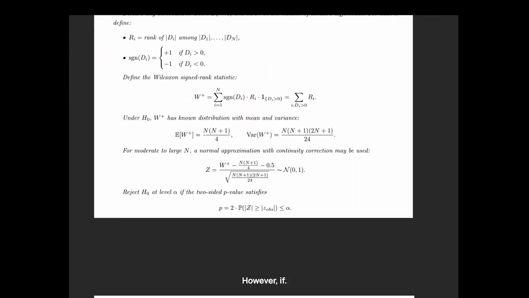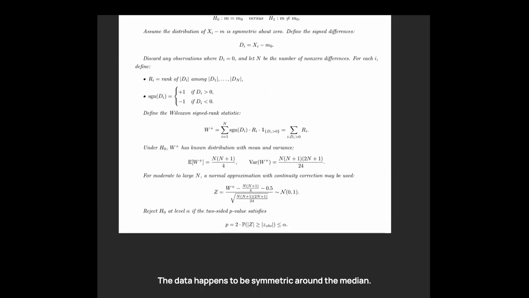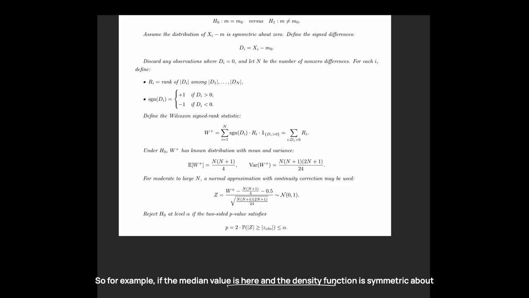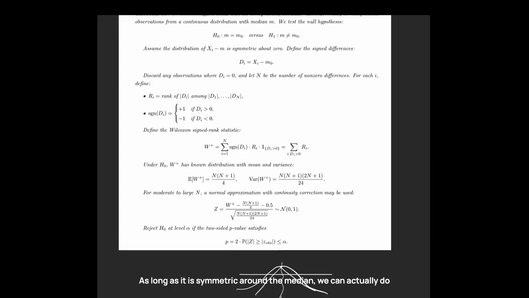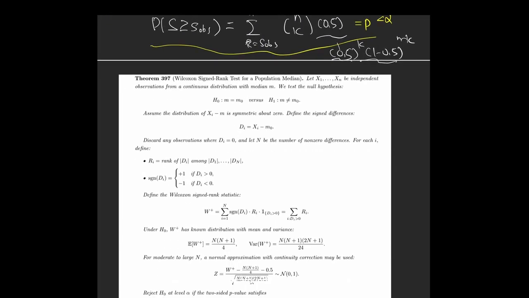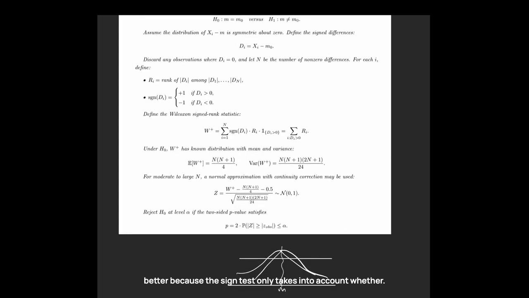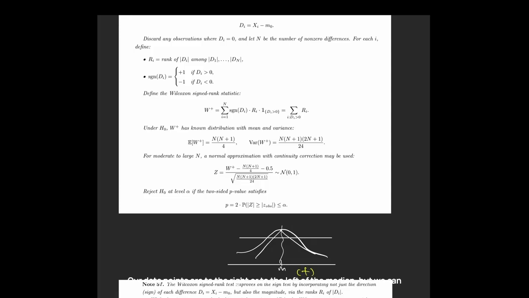However, if the data happens to be symmetric around the median, so for example, if the median value is here and the density function is symmetric about this, so suppose the underlying distribution is like this or like this, as long as it is symmetric around the median, we can actually do better. The sign test only takes into account whether our data points are to the right or to the left of the median. But we can also take into account the magnitude of the distance, or the signed ranks.